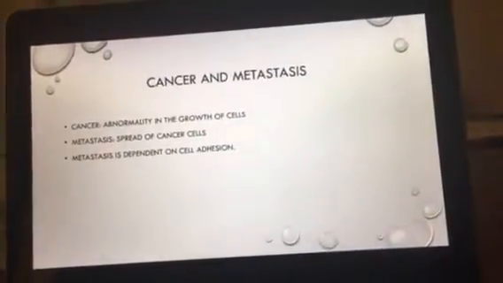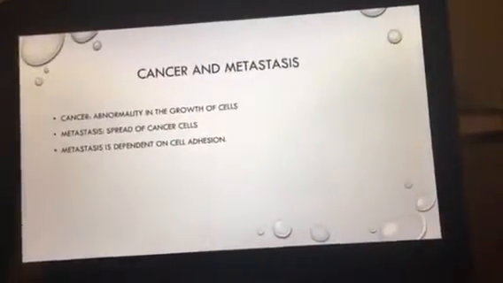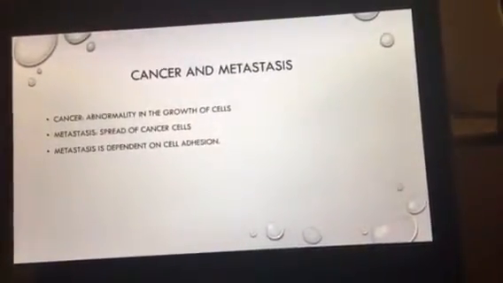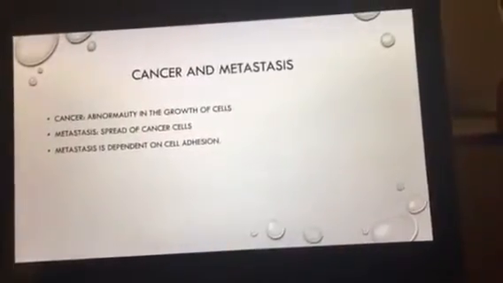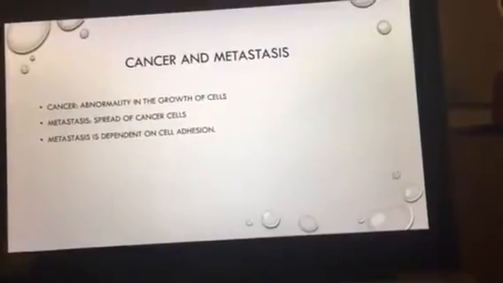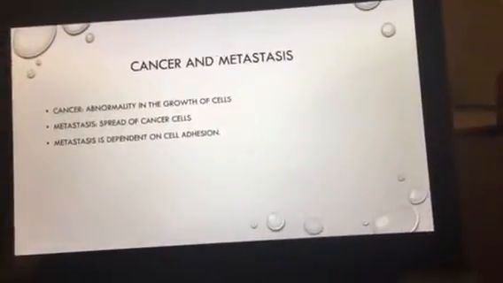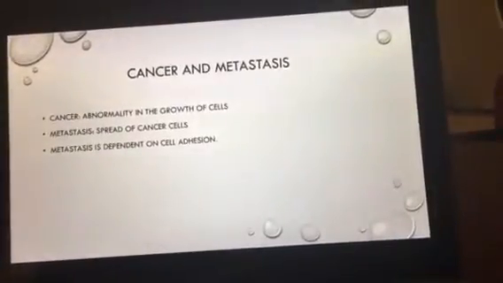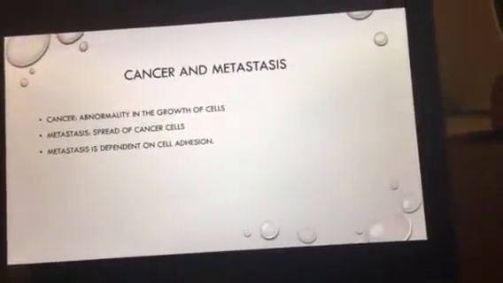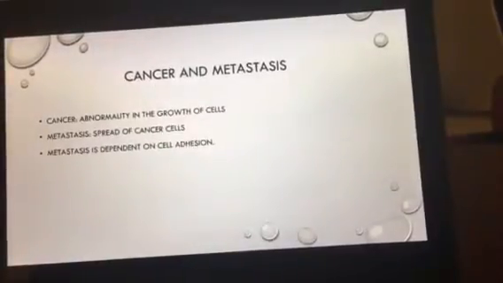So if cells are not needed to replace worn out or dead cells, new cells are typically not made. I don't expect my body to make cells when I don't need cells to be made. However, when cells grow abnormally, even when they're not needed in the body, we could call that cell cancerous. So cancer could simply be defined as the abnormality in the growth of cells.